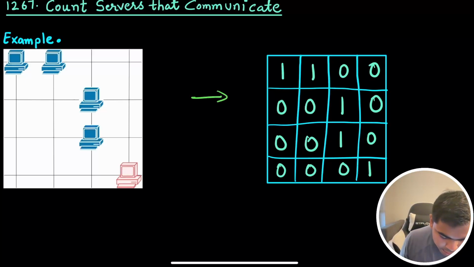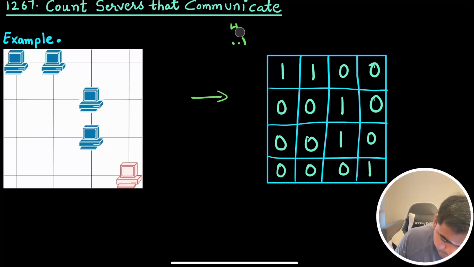Now, how many rows are there? There are m rows, and here there are 4 rows.